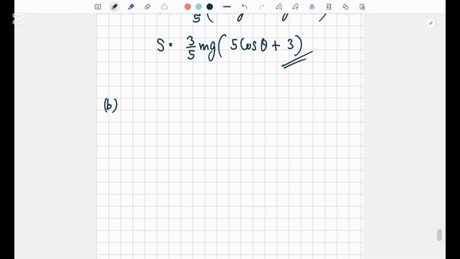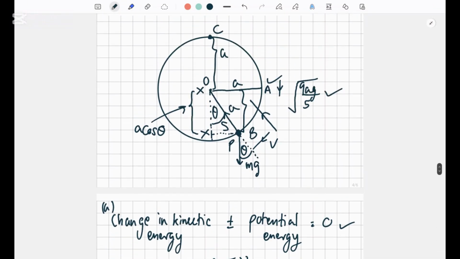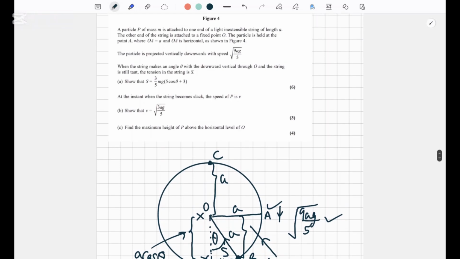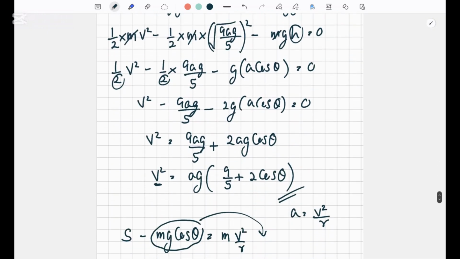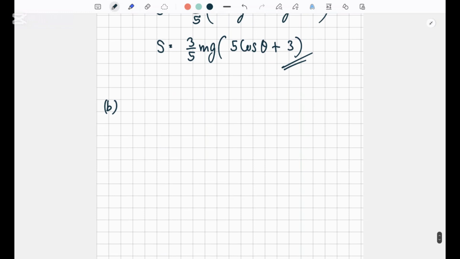So for part B, they ask to show that V equals square root 3ag over 5 when the string becomes slack. So what you can do is, we know the tension, right? So this equals 3 over 5 mg, 5 cos theta plus 3.